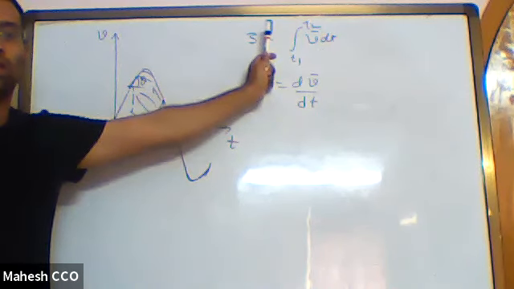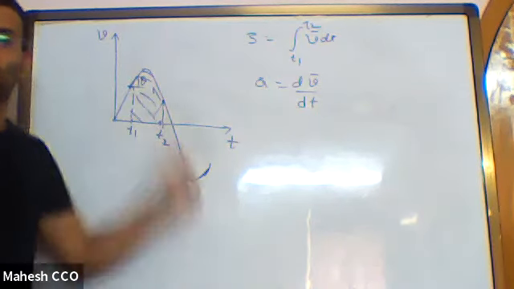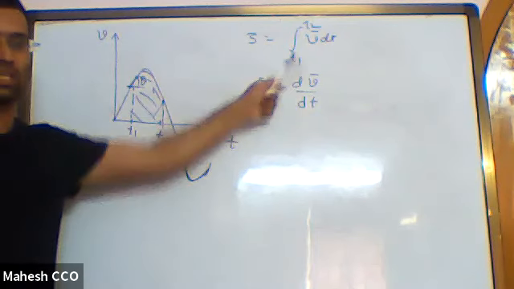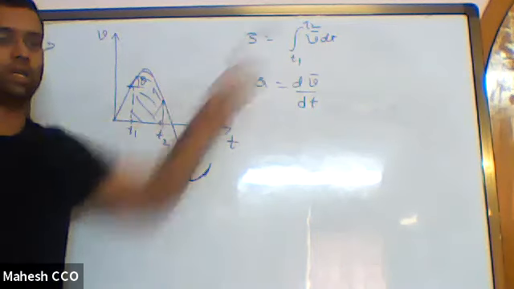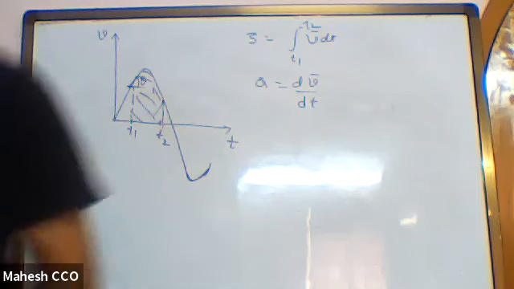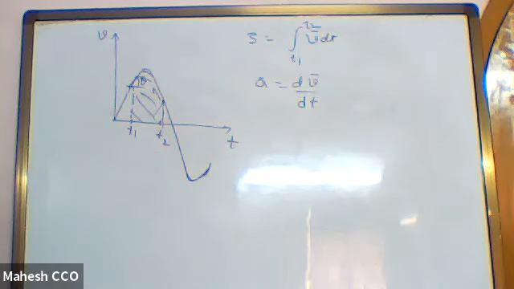Or the area under the curve of velocity versus time with the time axis is nothing but integral v dt, according to our understanding of integration from the chapter of basic mathematics which we dealt with 2 weeks back.